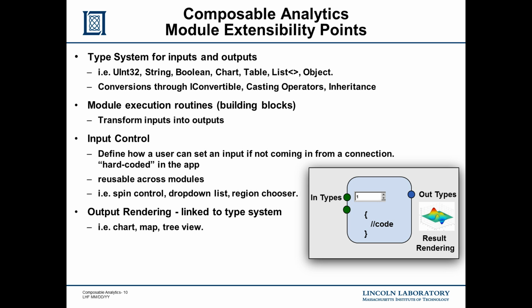The other thing that we provide, or at least leverage, in this type system is conversion. If the output of one module is an integer, but another is accepting a string, the integer is convertible to a string, so we'll automatically convert that for you, so that your applications are not littered with massive amounts of conversion modules.